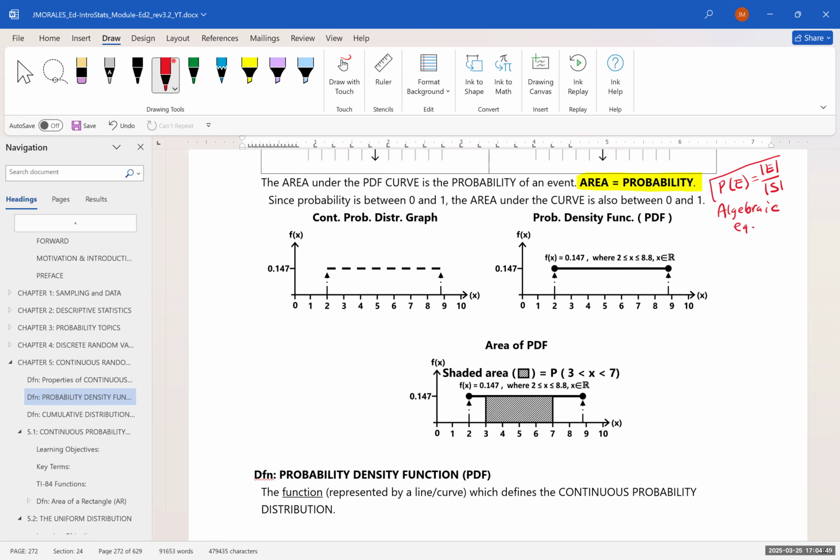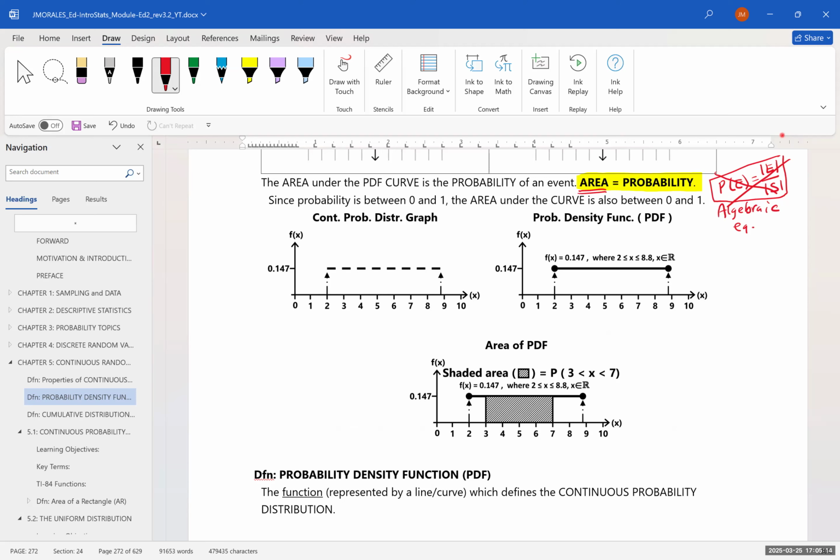Okay. And that's how we calculated probability. But now, from this chapter forward, we're not going to think of probability in an algebraic sense like this. Instead, we're going to think of probability as being equal to an area. Right? So what do I mean by that?